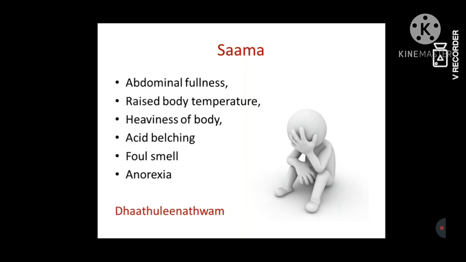So, the abdominal fullness, heaviness of body, acid belching, foul smelling, anorexia are the symptoms of samatva inside his koshta, while raised body temperature is an important criterion in the case of dhatu leenatva of ama.